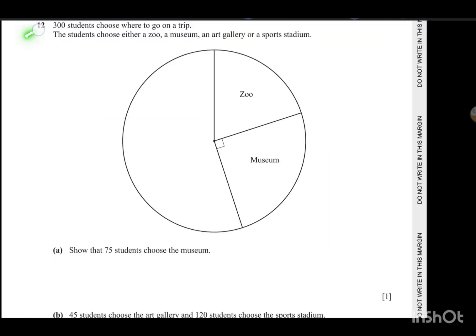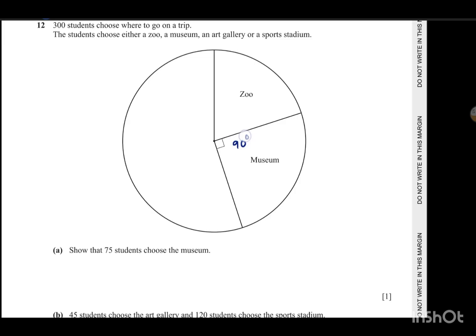Question number 12. 300 students choose where to go on a trip. The students choose either a zoo, a museum, an art gallery, or a sports stadium. Question A. Show that 75 students choose the museum. Now when you see the angle here, especially museum, it's a 90-degree angle.